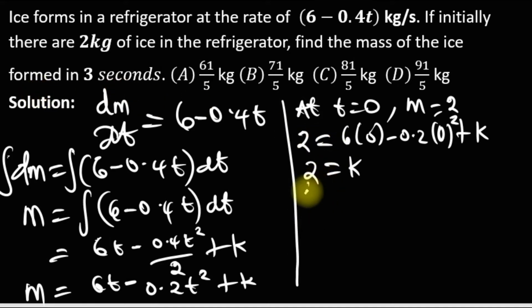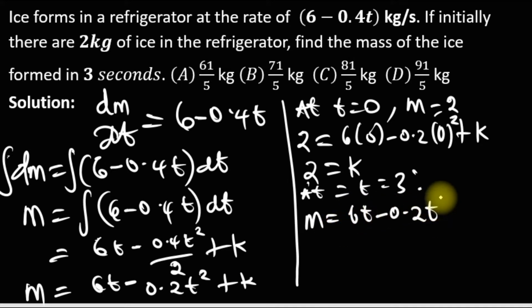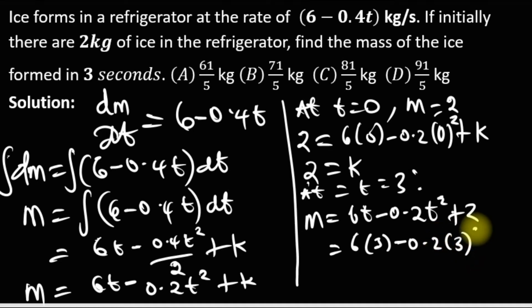So at t equal to 3, we are looking for the mass. The function is 6t minus 0.2t squared plus 2. So we substitute t is 3. We have 6 times 3 minus 0.2 times 3 squared plus 2.